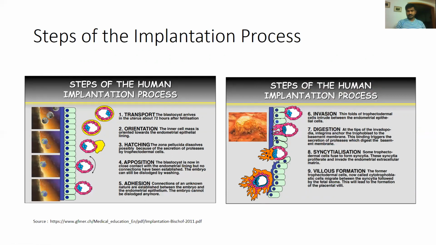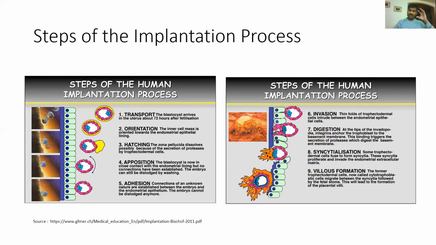We already spoke about that. It's called as Shivaduti. Now, what happens is hatching. Hatching is a process through which the blastocyst, which is inside an outer layer called the zona pellucida, comes out of that zona pellucida. Okay, this happens just before implantation.